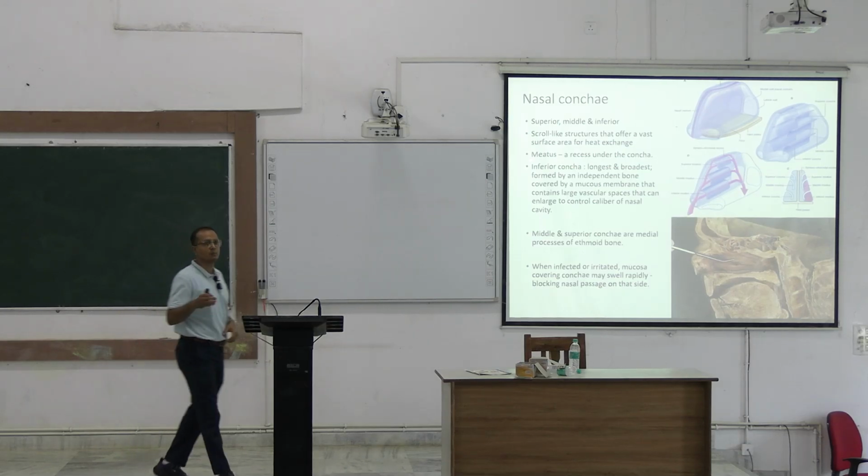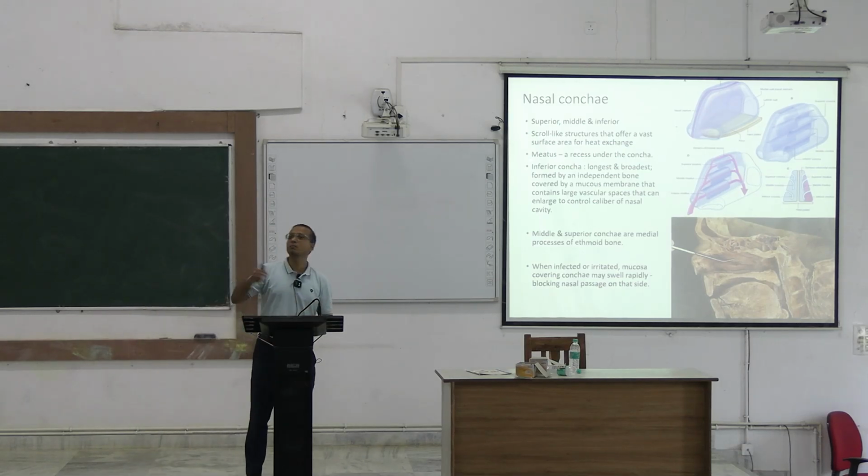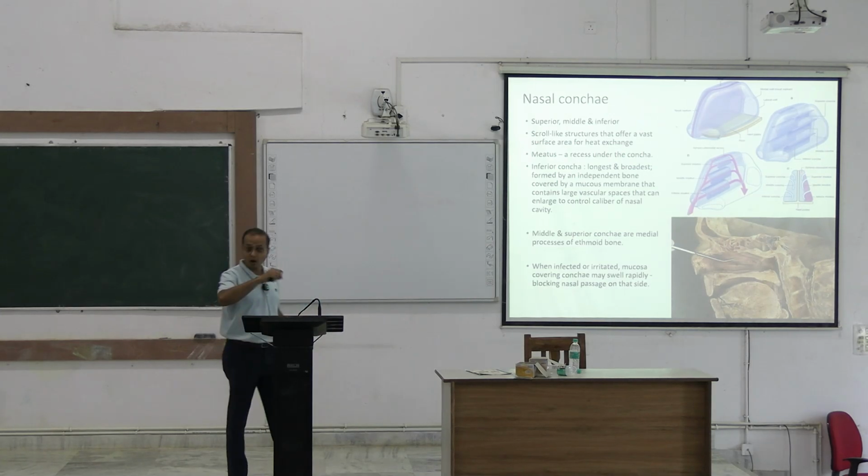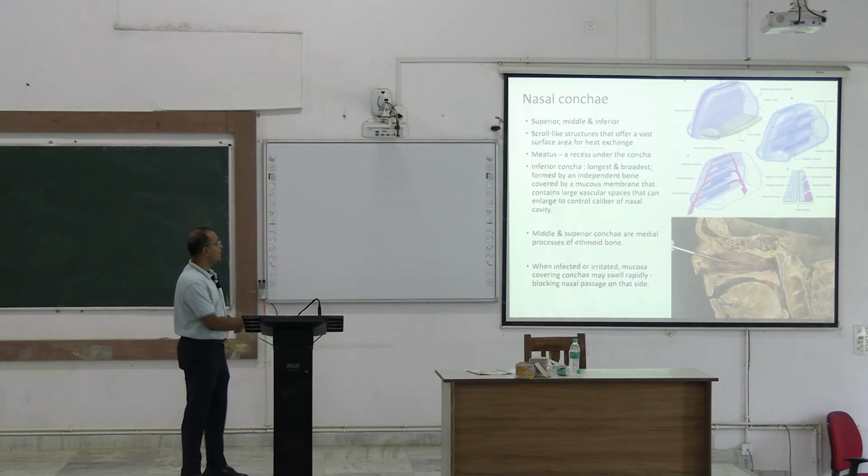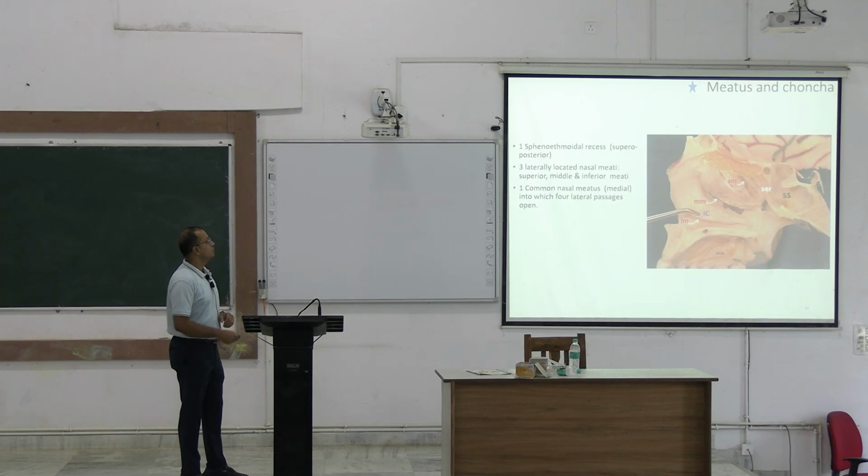In examination, they specifically ask what you mean by concha and what you mean by meatus. You have to define them in one line: what is a concha, what is a meatus, and how many of them there are, superior, middle, inferior, and likewise the meatus. You have to know the names of these meatuses and conchas.